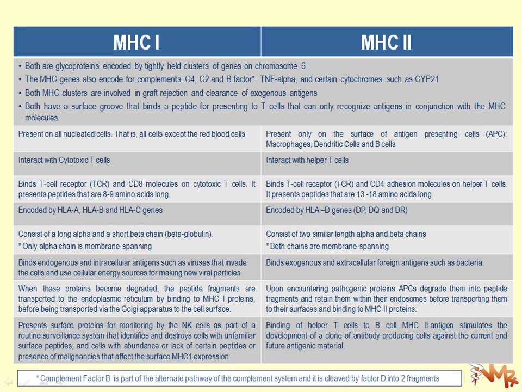It presents peptides that are smaller in size, 8 to 9 amino acids long. Whereas MHC2 binds T cell receptors and CD4 adhesion molecules on T helper cells. It presents peptides that are 13 to 18 amino acids long.